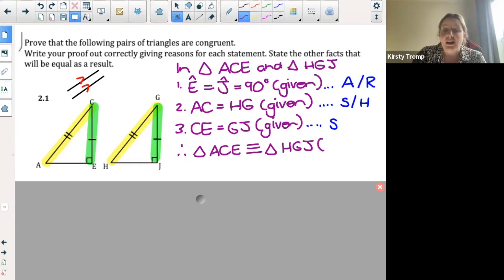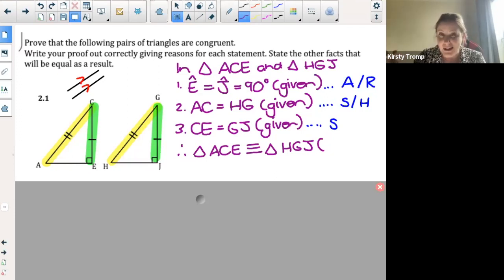There's 4 different things you can use for congruency. The first one is side, side, side. So all the sides are equal. Here, we don't have that, because there was an angle thrown in there. The second one you can use is SAA. South African Airways, no. Side, angle, angle. In that case, it doesn't matter where the side is. As long as you've got a side and 2 angles, you're all good.